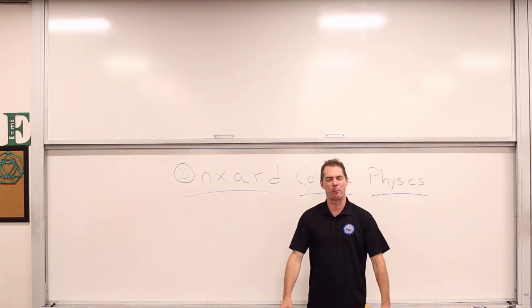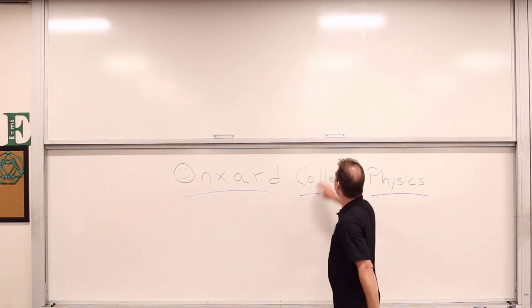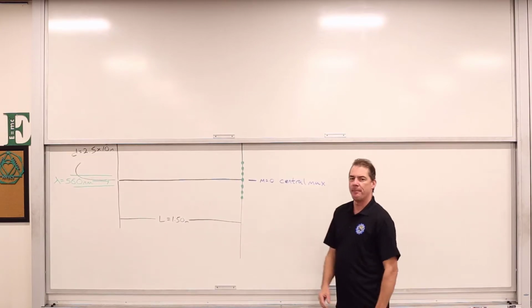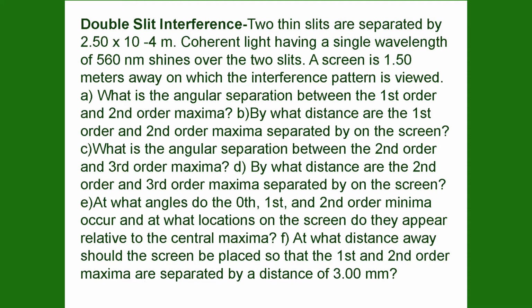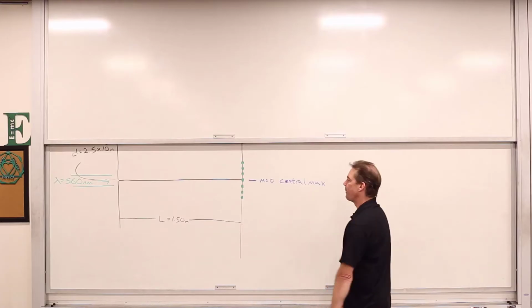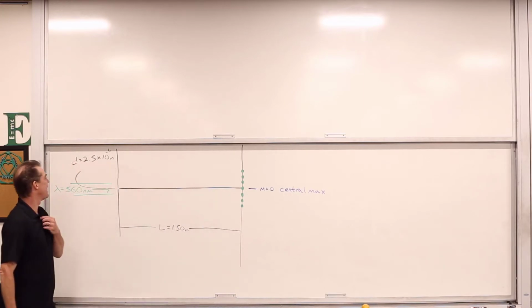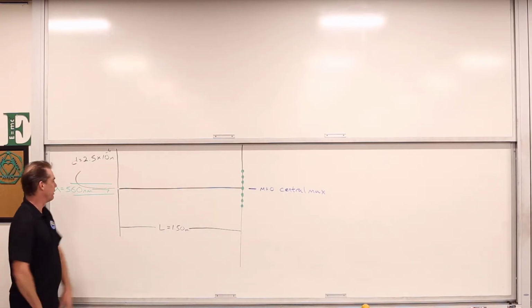We're here to do a nice little problem involving some double slit interference patterns. So here's the problem. We've got ourselves a slit separation of 2.5 times 10 to the negative 4 meters, or 0.25 millimeters if you want.